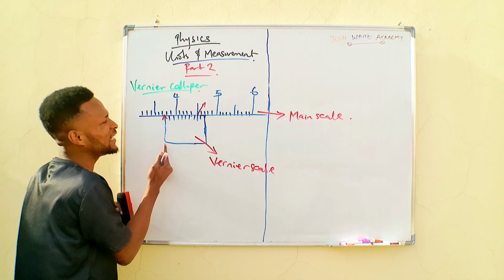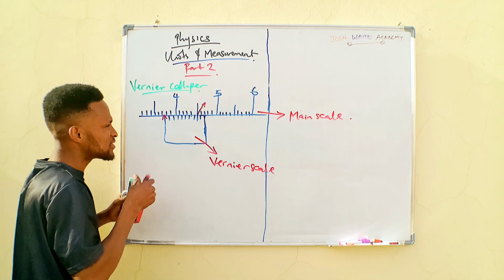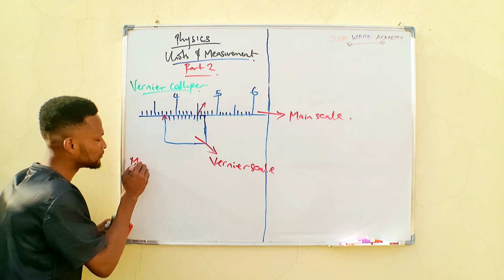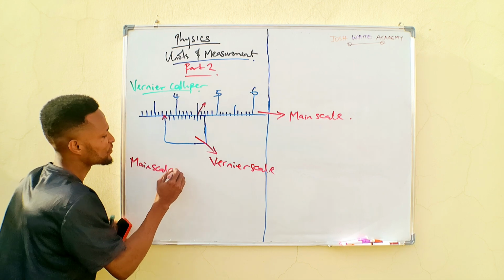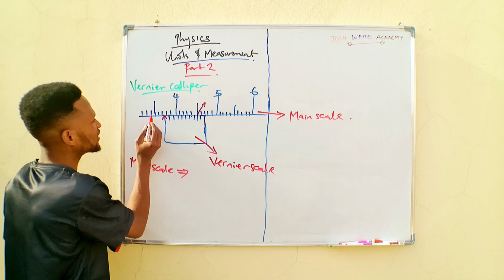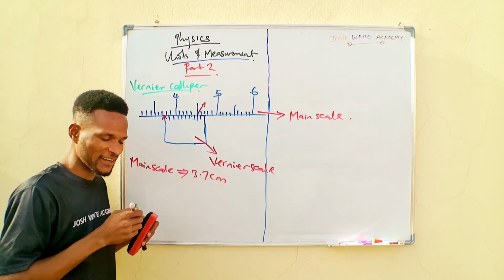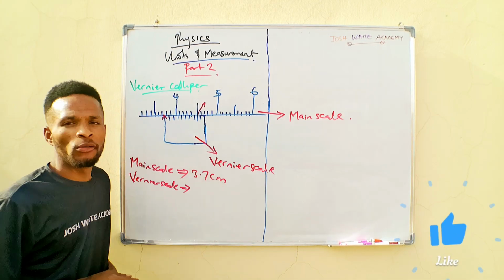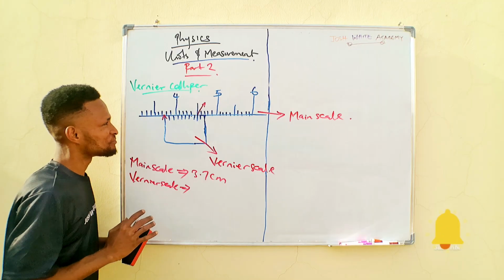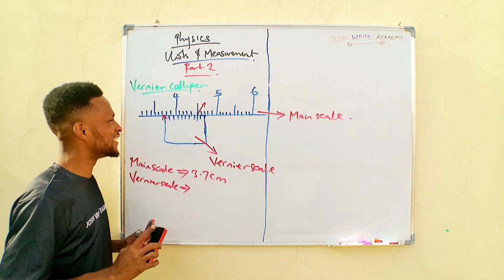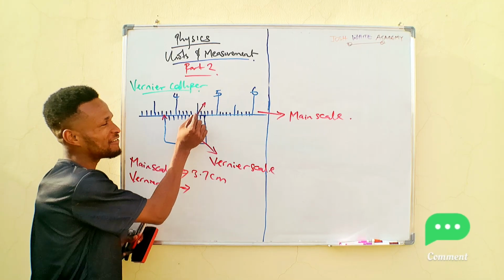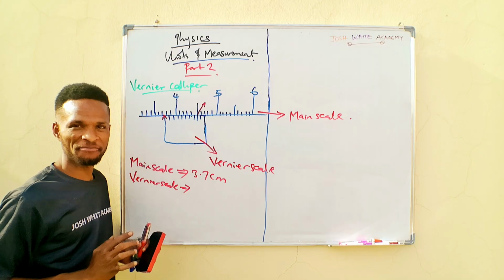Then the Vernier scale intercepted. That means our main scale reading is 3.7 centimeter. You see it? Now, what you need to take note of for our Vernier scale reading is the point of coincidence, as I have earlier mentioned.